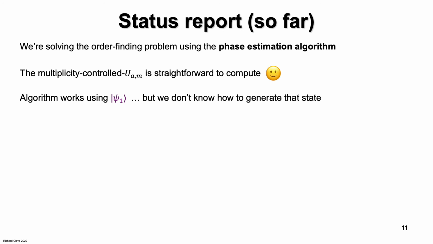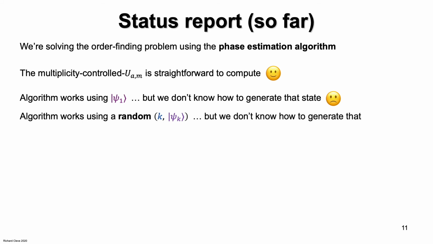Unfortunately, we don't know how to generate such a state efficiently. We also saw that if we could generate a randomly sampled pair k, psi k, then we could also determine r from that. Unfortunately, we don't know how to generate such a random pair efficiently.